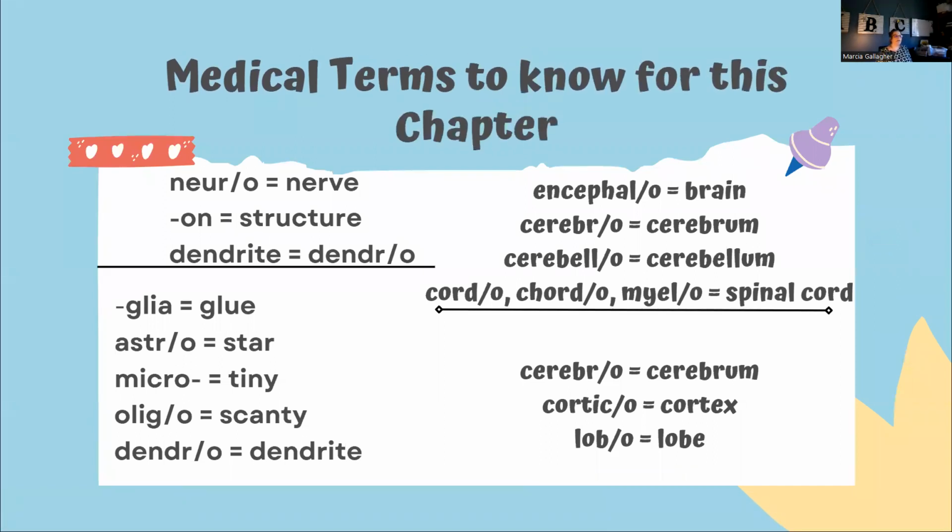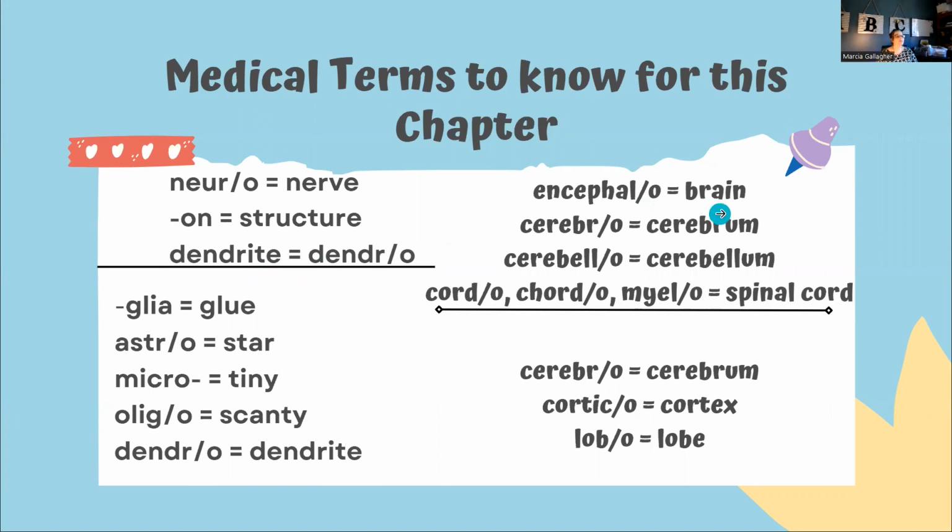So some medical terms to know for this chapter. Neuro is nerve. The suffix on is structure. Dendro is dendrite. I've never seen that medical term. I doubt you will, but look, I'm covering everything that was in my little medical terminology book. So encephalo is brain.